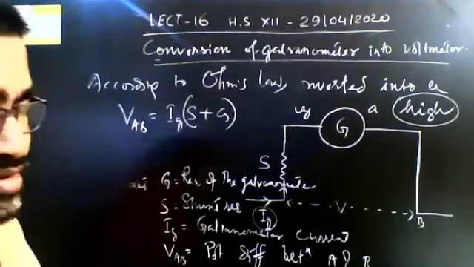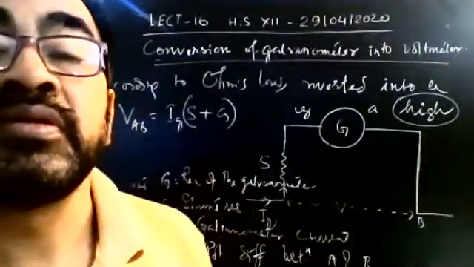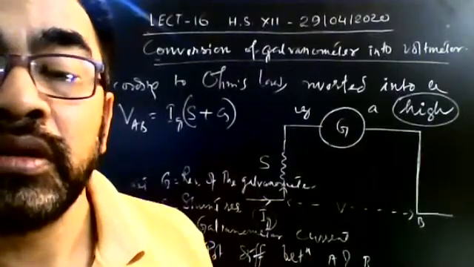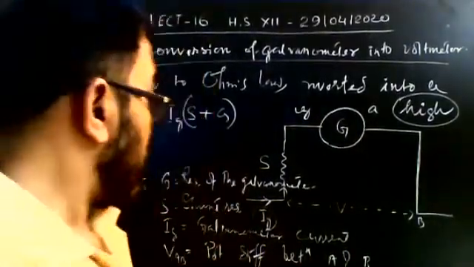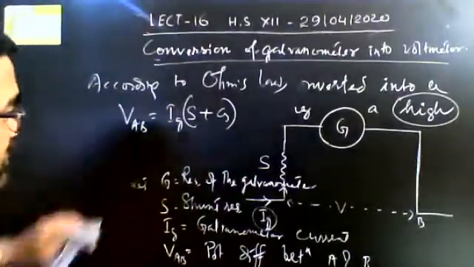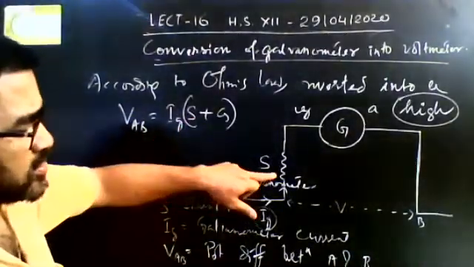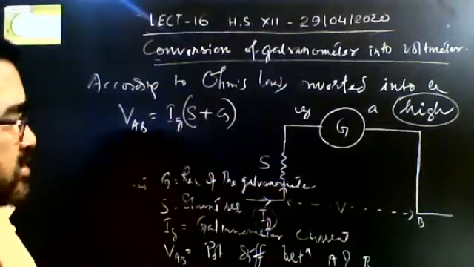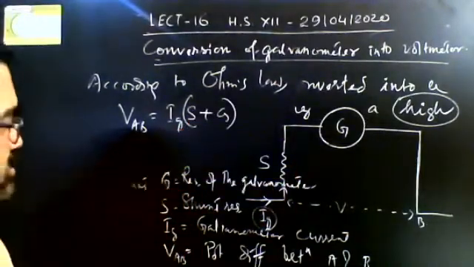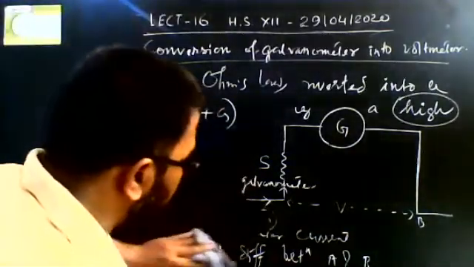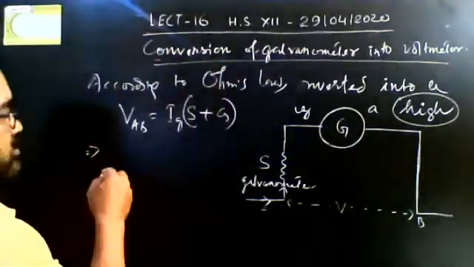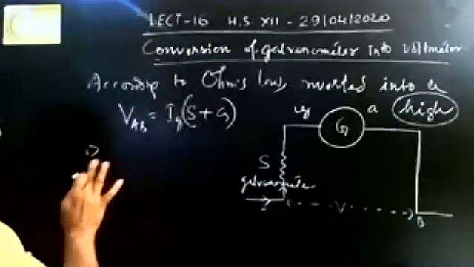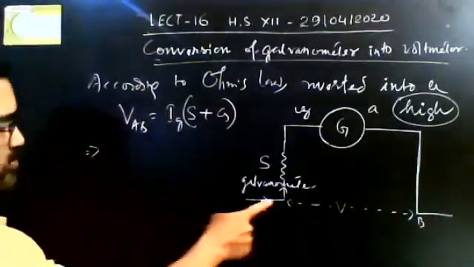So what is our interest? Now we have to find out S. If we want to convert a galvanometer, what will be the value of shunt, what will be the range, then we want to find out S. From this simple equation, you can very easily find out S. VAB is the potential difference between these two points.